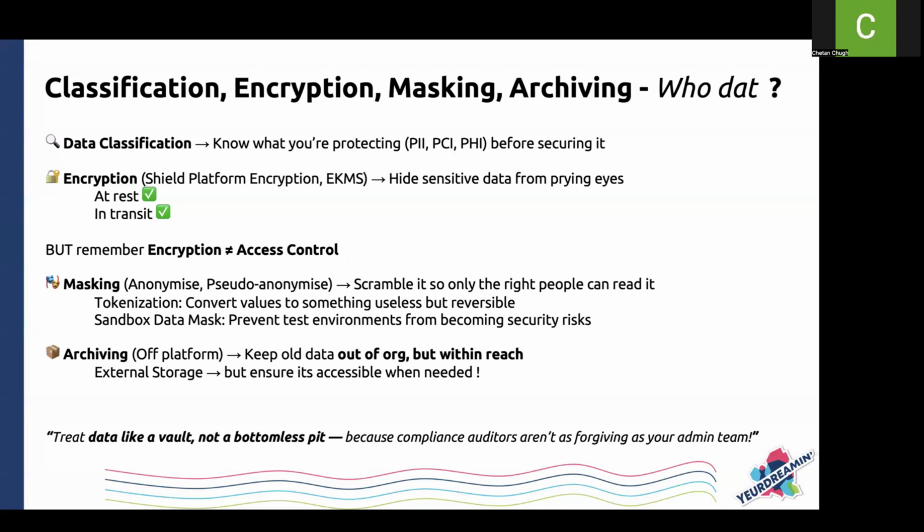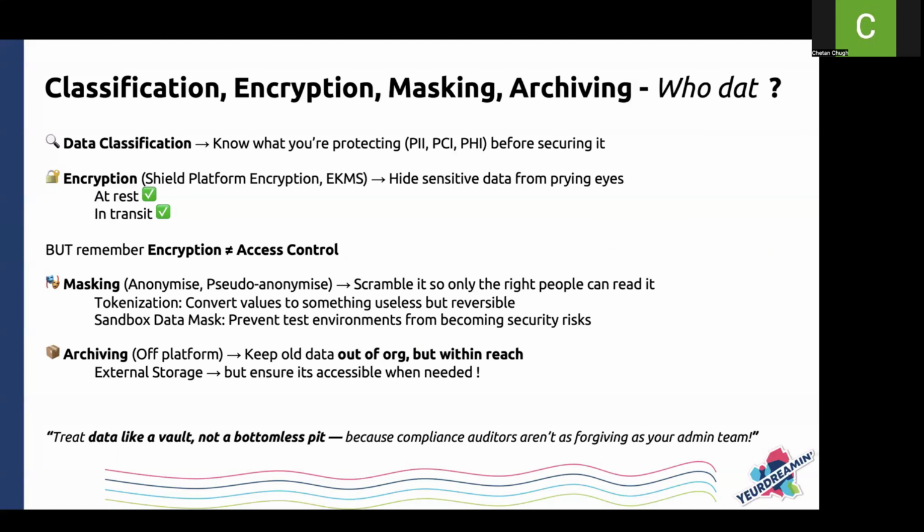So one of the things you can do is, of course, encryption. And no, I'm not talking about showing the things in the UI with some kind of character obfuscation. This is more to do with how the data is getting stored in the database, right? So Salesforce has Shield Platform Encryption, which can be used to do the encryption at rest, but you can also have external key management systems integrated.